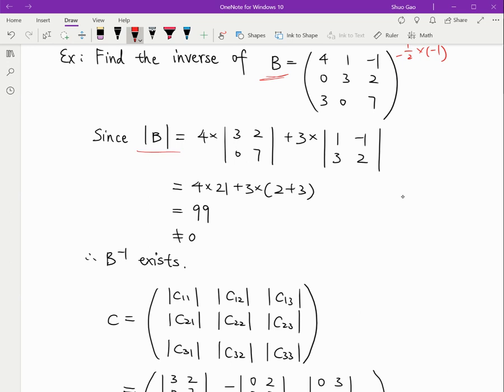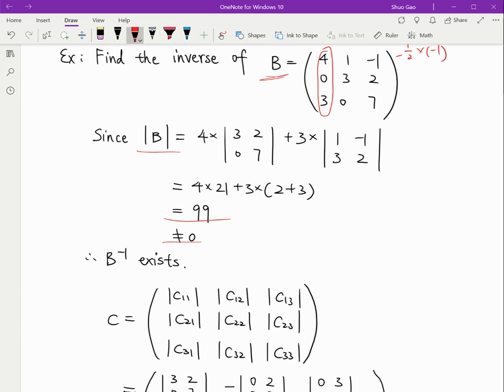So the determinant of B, if we expand from the first column, because there's a 0 here, it will be easier, right? It should be 4 times the subdeterminant plus 3 times the subdeterminant. We find that it's 99 and it's not 0, so there is a B inverse.